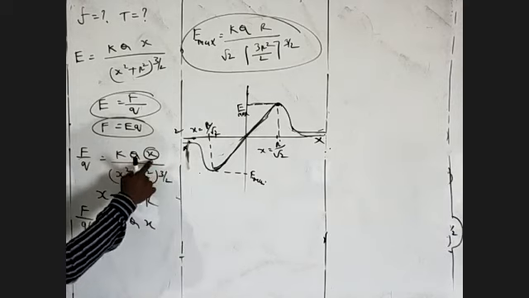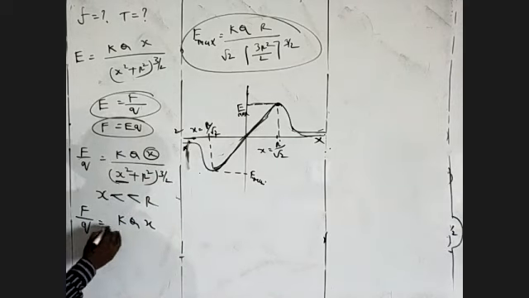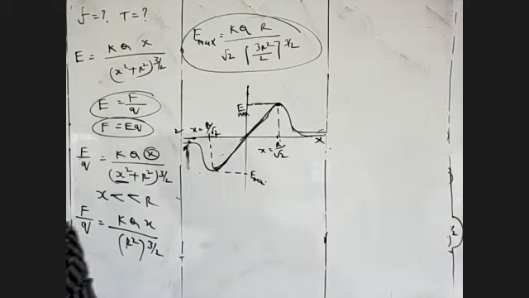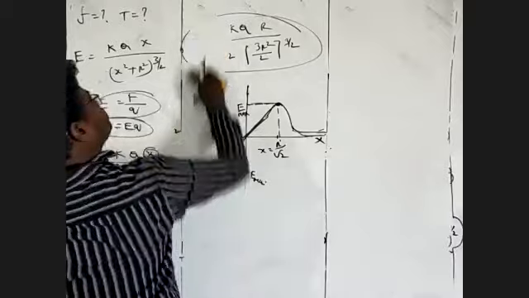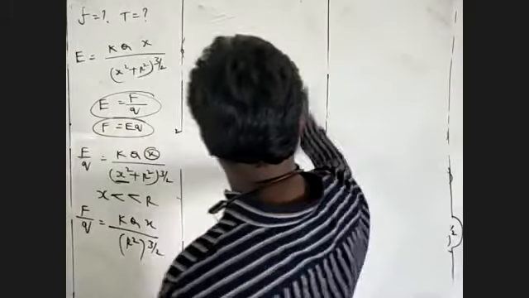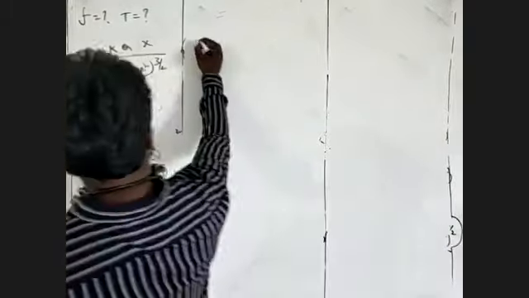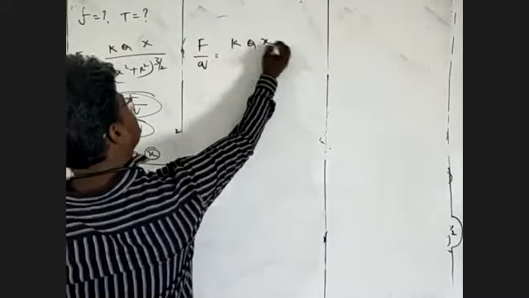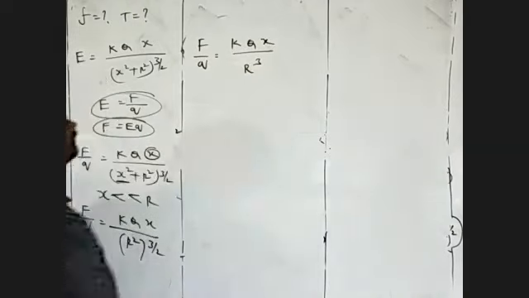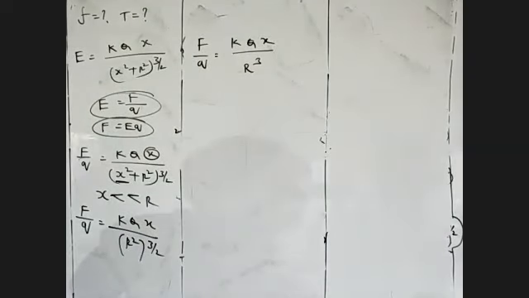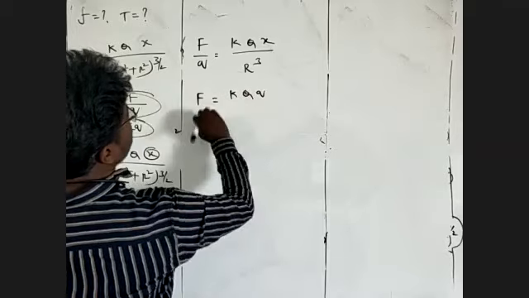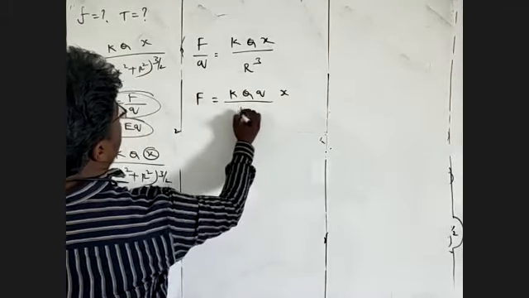Don't remove this x outside; in this value, you should remove it. So F by q is equal to KQx by R power of 3. Now F is equal to KQ capital Q x by R cube, taking q to this side.